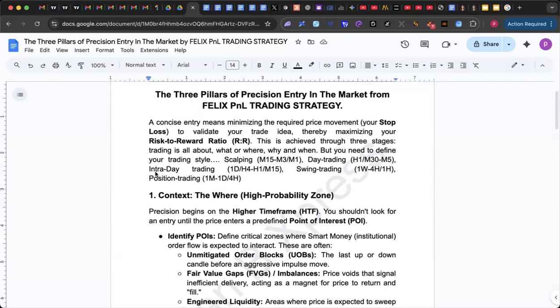Then intraday trading, you're working with the daily time frame or 4 hours, mostly 4 hours and then 1 hour or 15 minutes. If you're working on the daily time frame, you're working with 1 hour as your entry model or lower time frame. Swing trading targets the weekly and so on.